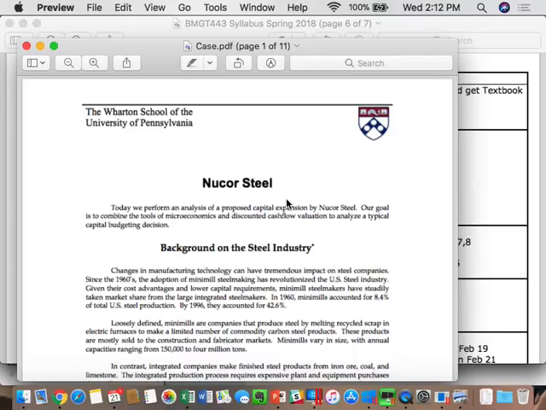So a little context on the case. Basically, Nucor used to be called the Nuclear Corporation of America. They used to make nuclear power plants. But then they switched and they actually got into the steel business, and they were the first of the mini mills, and mini mills were basically recycled steel plants.